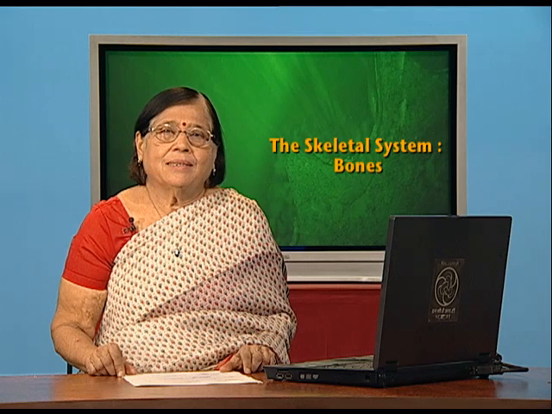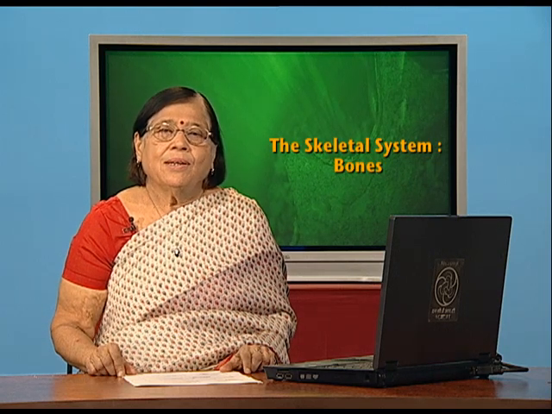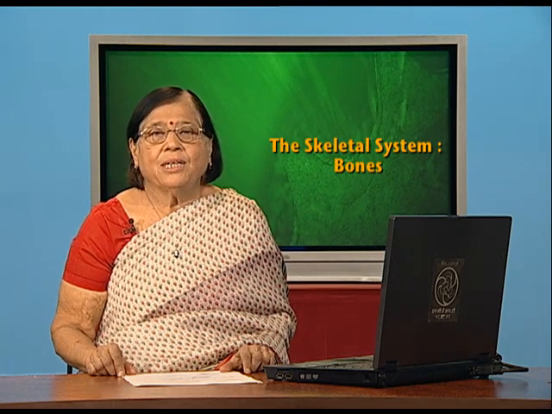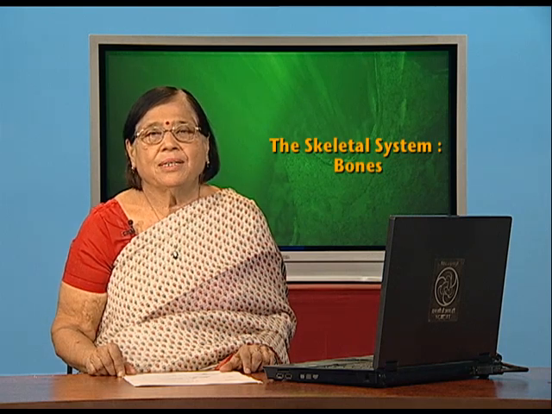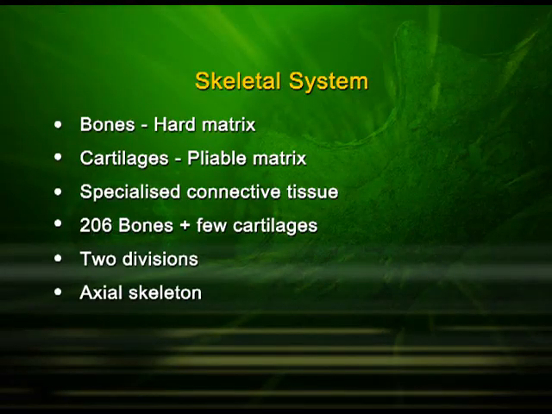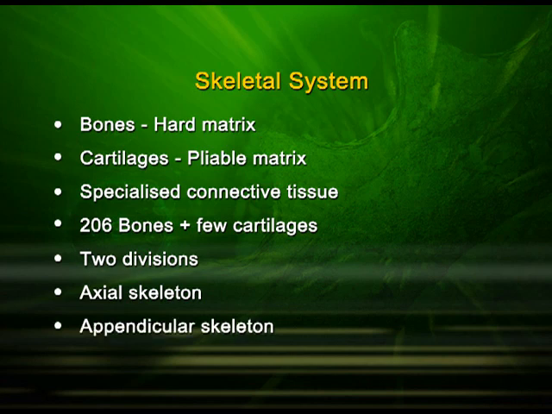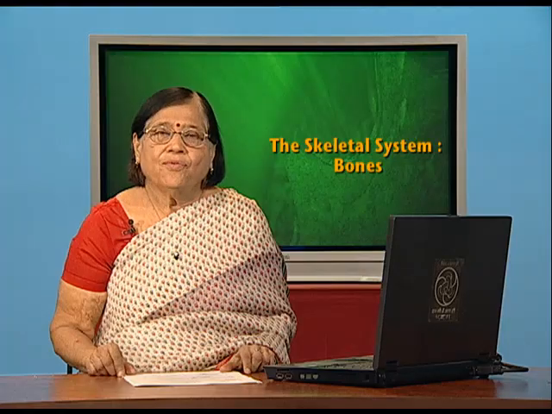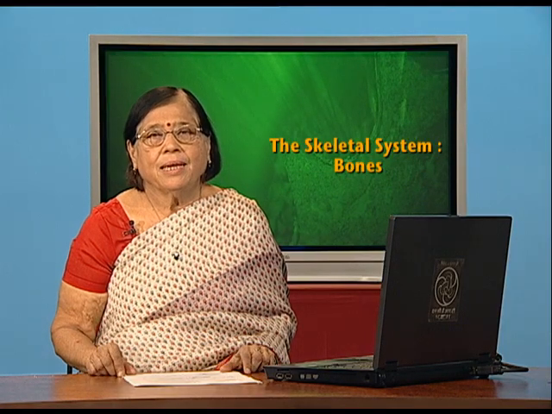To understand a skeletal system, we normally divide it into two major divisions, the axial skeleton and appendicular skeleton. First, we will talk about axial skeleton. Axial skeleton, as the name indicates, it constitutes the main axis of the body.